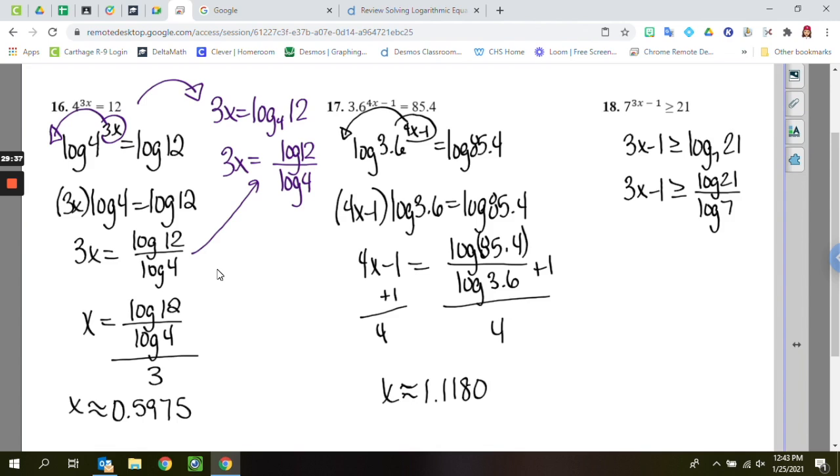All right, so in this one, we would add the 1, and then we're going to divide by 3.